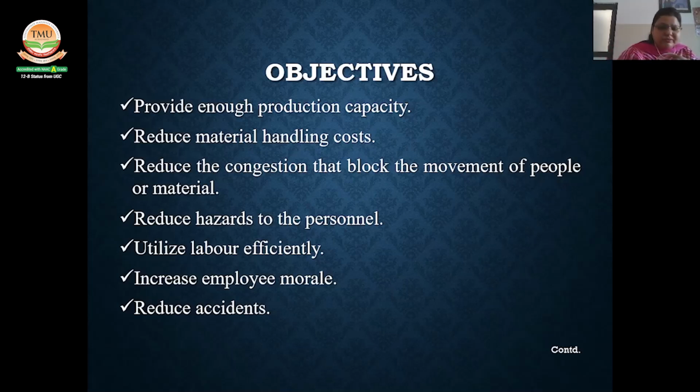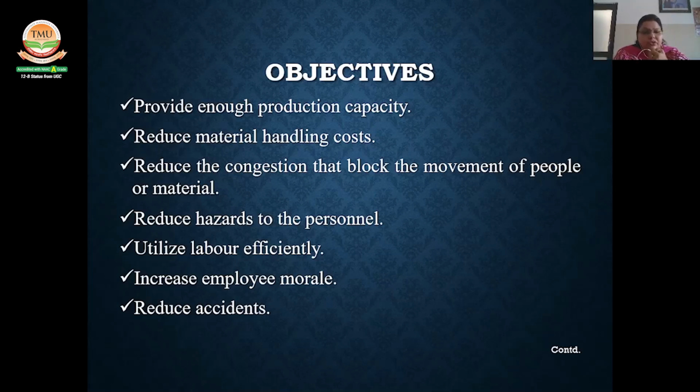If the personnel face any kind of problem, or for each and every thing he has to go a long distance, or the equipment is not available and again and again he is going for each and everything, that can create a hazard. Or if the electrical appliances are not properly arranged, it can create a hazard. Or fire facilities should be there.